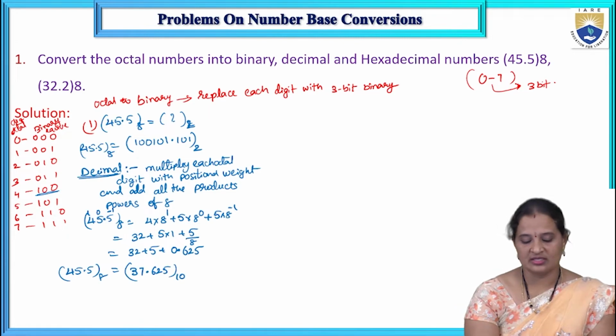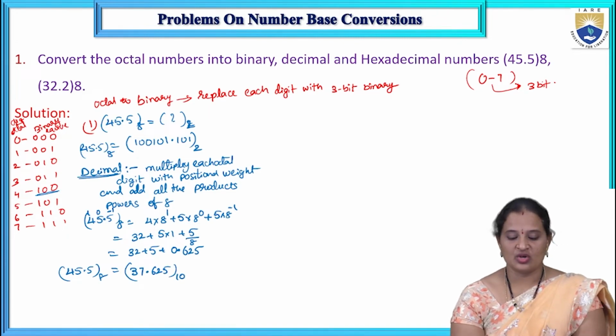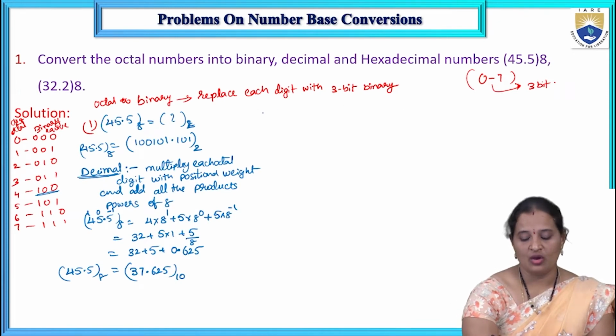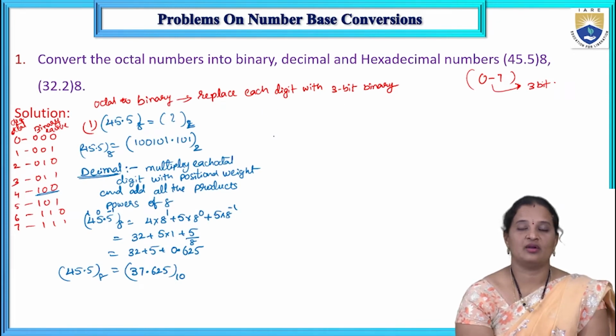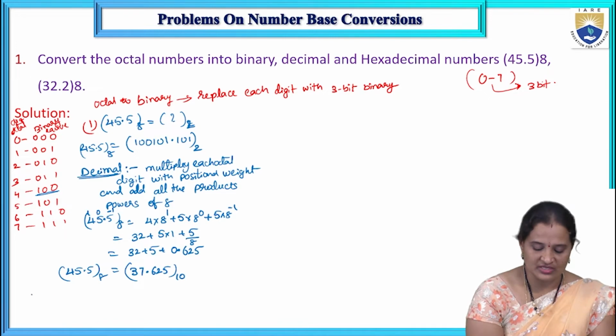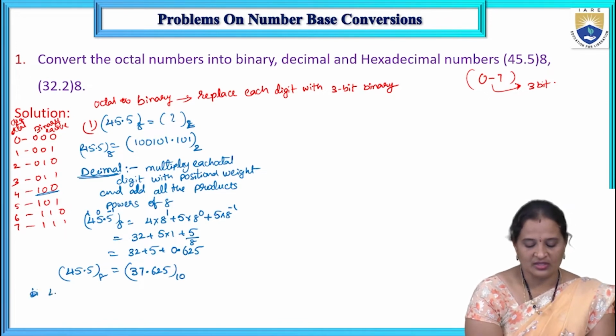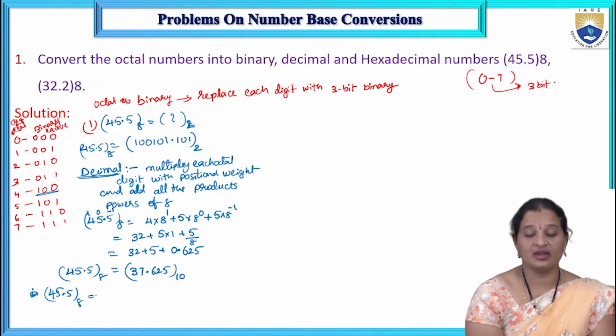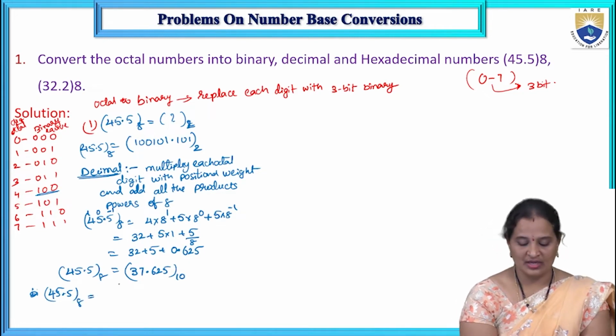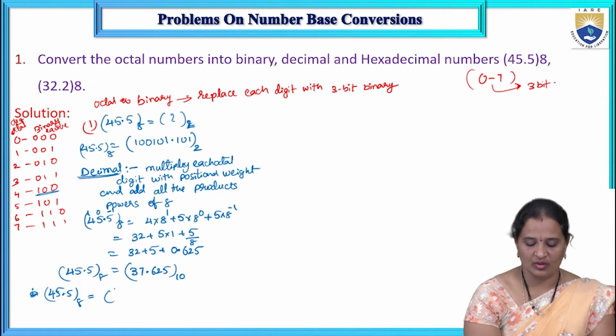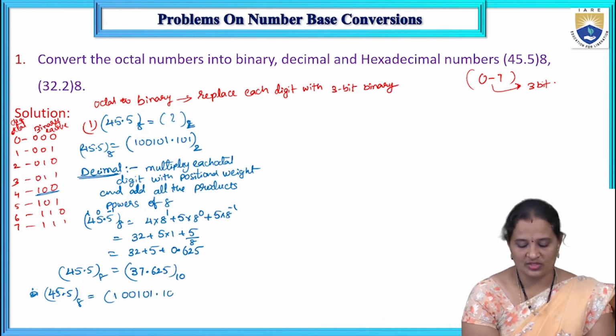Now similarly consider the hexadecimal number. We are going to find out the hexadecimal number. How to convert a given octal number into hexadecimal? First, convert the given octal number into binary. Already we have the binary equivalent, that is 100.101.101.